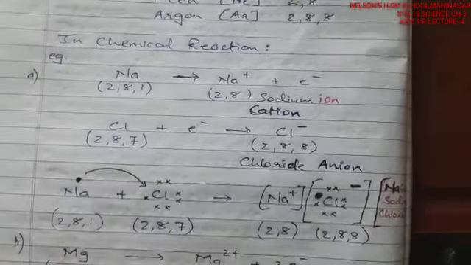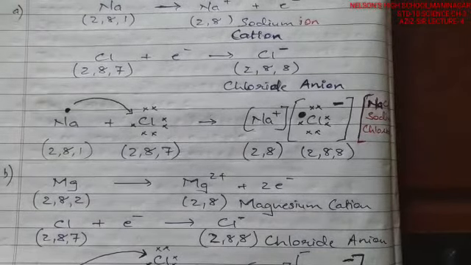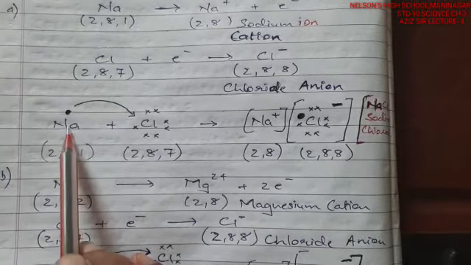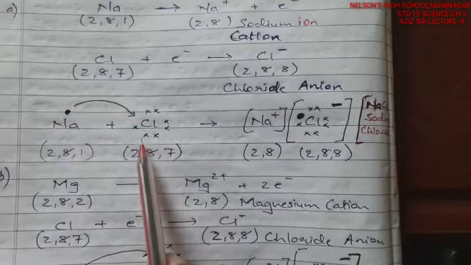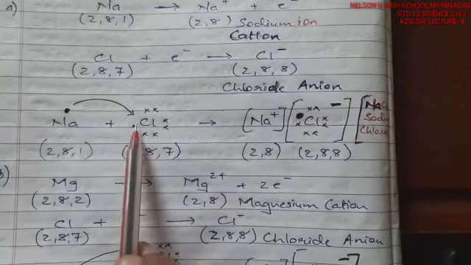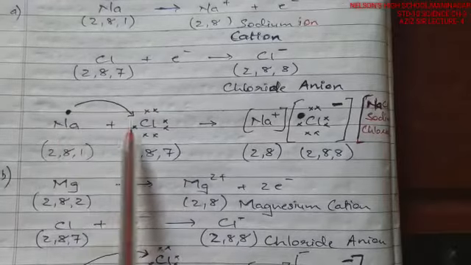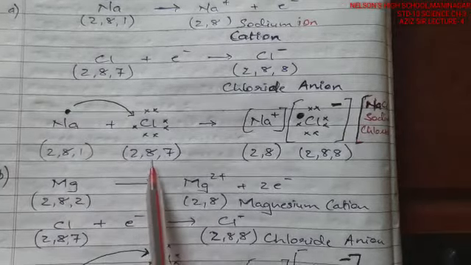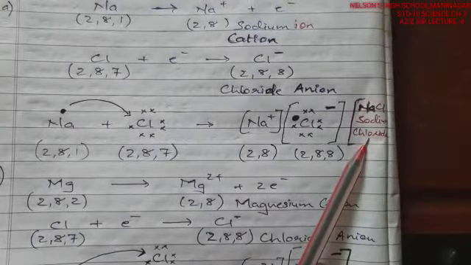So here you are able to see the dot and cross configuration: sodium in its outermost orbit has 1 electron in the dot form, and in the cross form chlorine has 7 electrons, 1, 2, 3, 4, 5, 6 and 7. So it has 1 electron less to attain a noble gas configuration. So sodium loses 1 electron and turns to a cation, and it is taken by chlorine as an anion, forming sodium chloride.